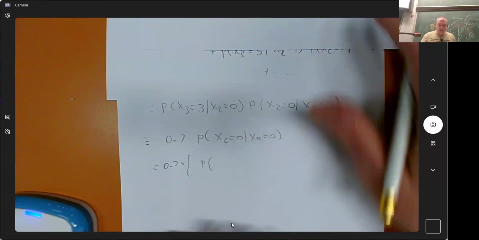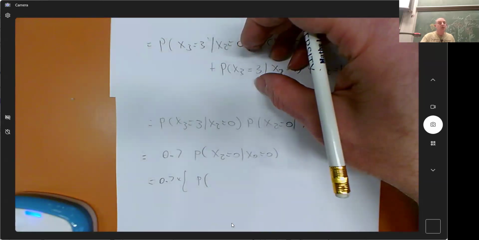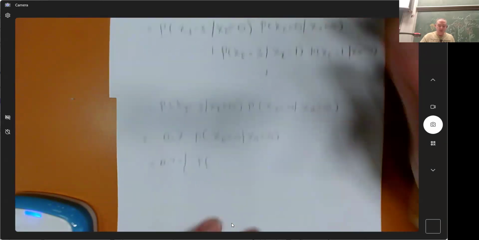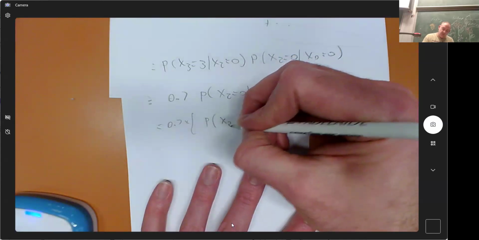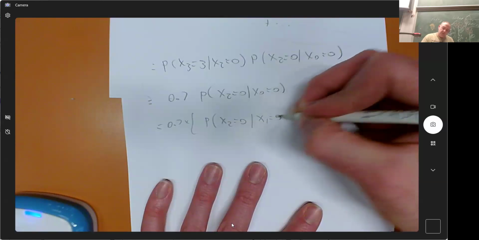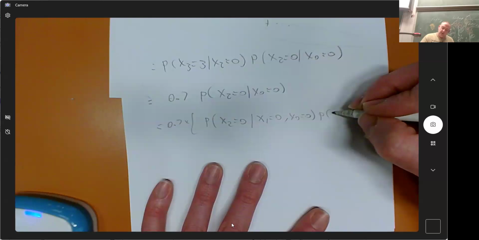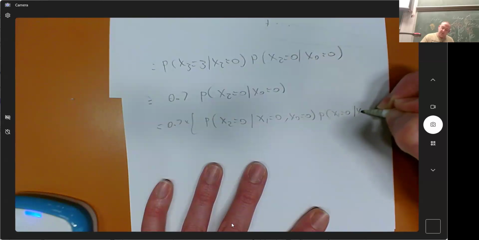So we could probably skip a bit of the working there and skip straight from the original, from here to here, like probably. But so we have x2 equals 0, given that x1 equals 0 and x0 equals 0 times probability that x1 equals 0, given that x0 equals 0.